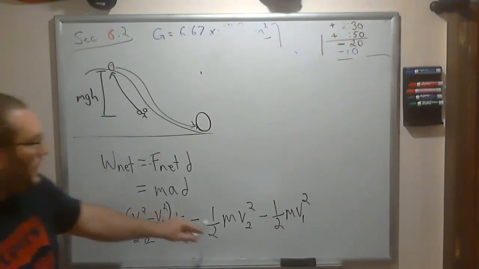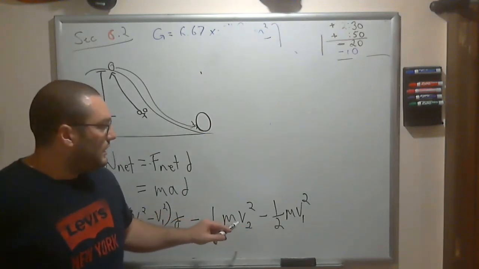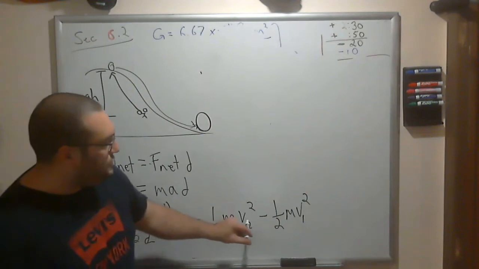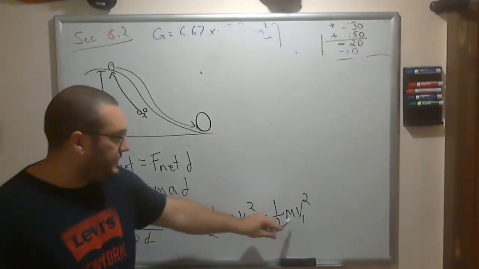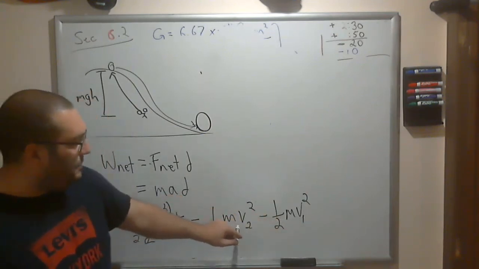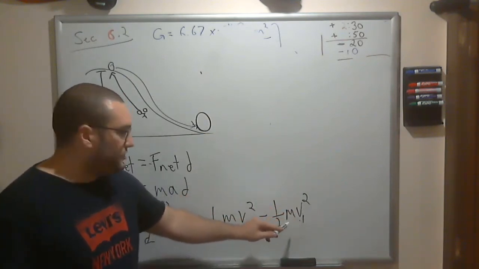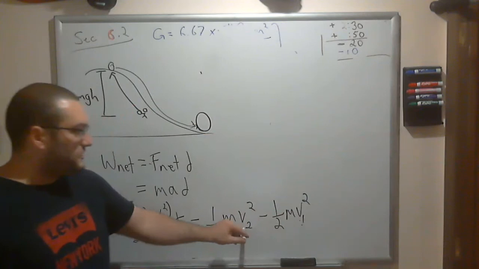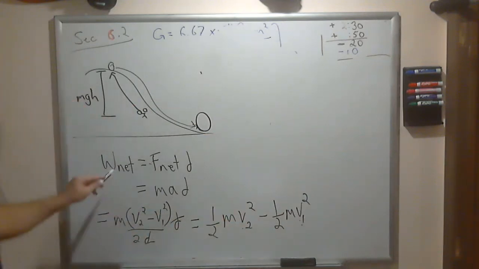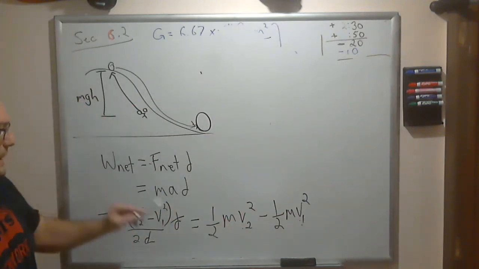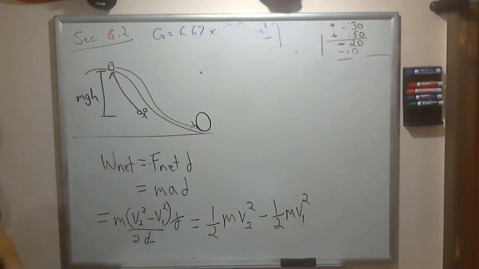So the net work done on an object is its change in velocity squared, basically. How much does the velocity squared change from this point to this point? That's how much work is done on that ball. So if we start up here at the top, there's zero velocity.